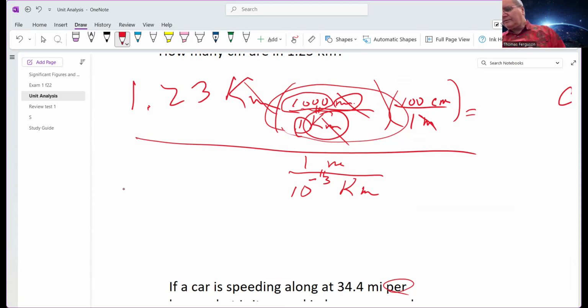So we're looking at 3 sig figs. How many sig figs are in conversion factors? Infinite. So our answer is going to be 3 sig figs.